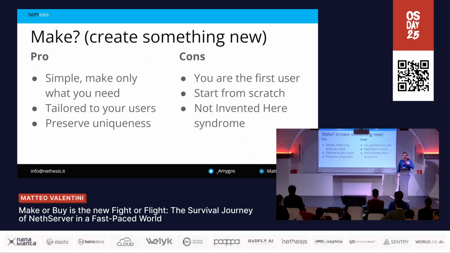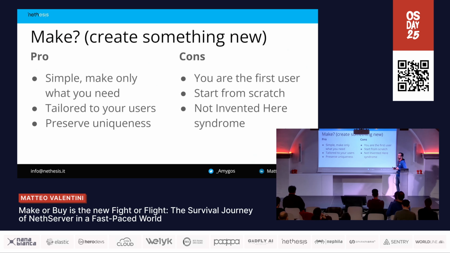What are the pros and cons of the make choice? So maybe you can choose to make something new. One thing is that it can be simple, because you can make only what you need. You can tailor your solution to your users and your use case. And also, in this case, you can preserve your uniqueness in the ecosystem. The cons of this approach are that you are your first user.